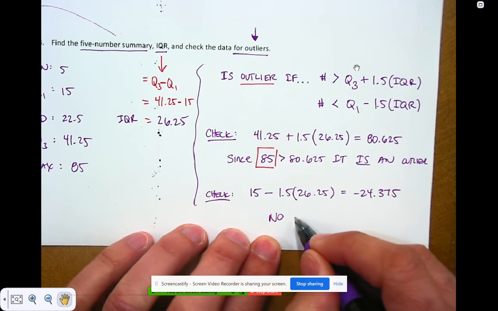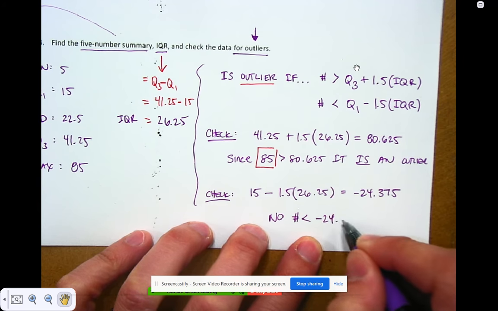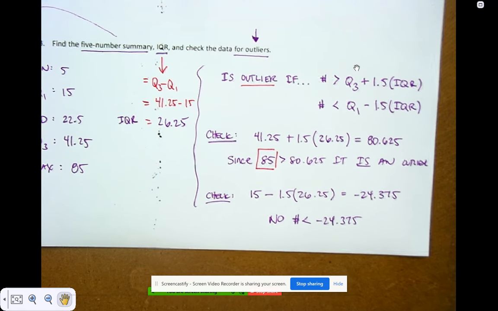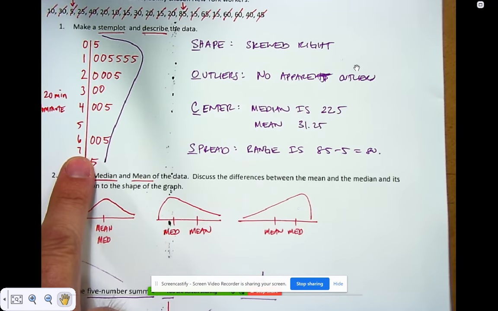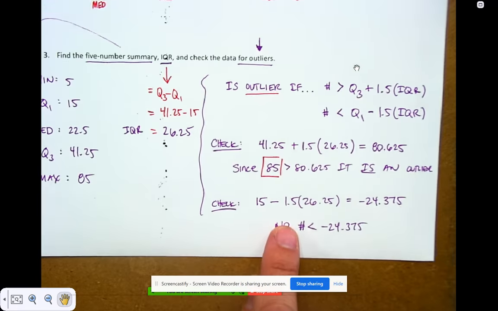And there is no number less than that. Go back in time. And this happens a lot, right? It's just saying, look, your data's okay. You don't have any numbers that are way too far to the left on the low end. And so this wasn't wrong at this point, describing it, right? But now we have a mathematical way to actually find it.